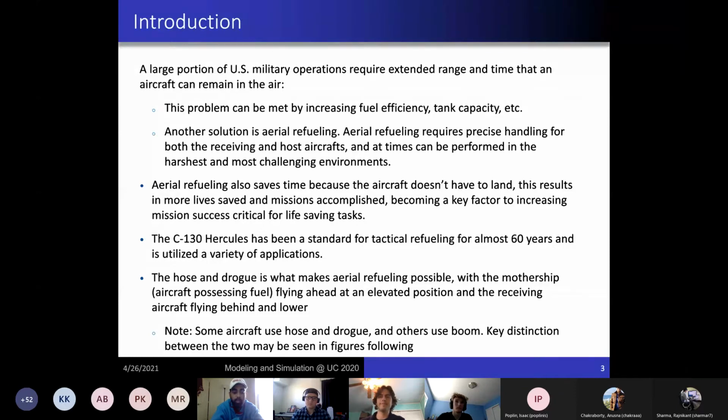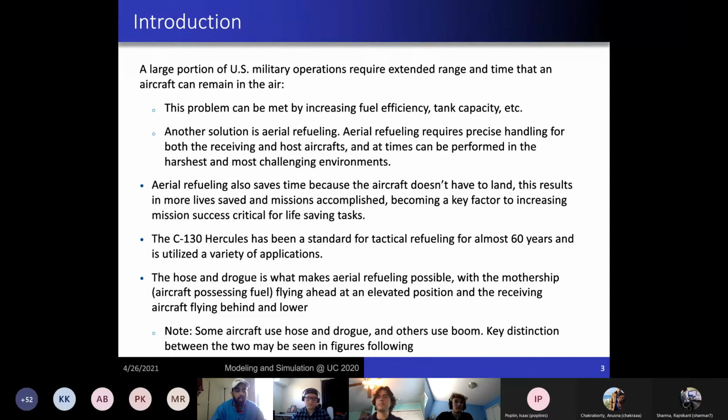And at times, as in the videos that we watched and the papers that we read, these maneuvers can be done in the harshest and most challenging of environments. Aerial refueling also saves time because the aircraft does not have to land. At the end of the day, this results in more lives saved and missions accomplished, becoming a key factor in increasing mission success and saving lives.